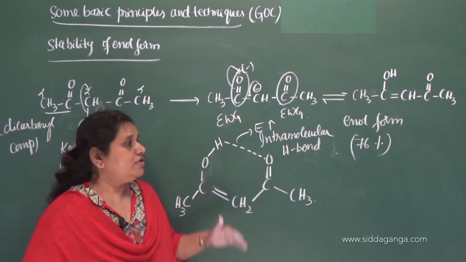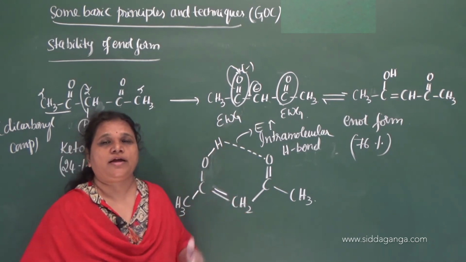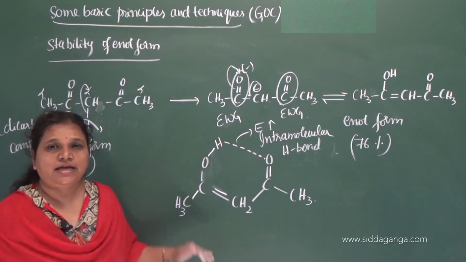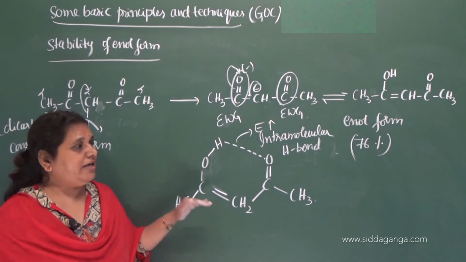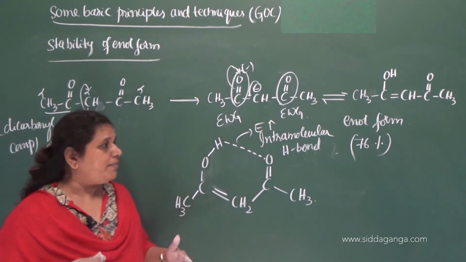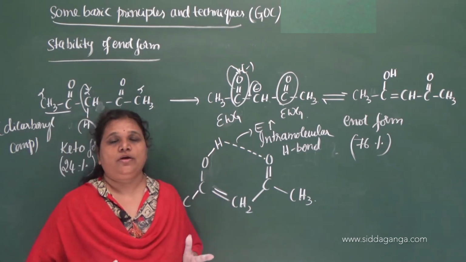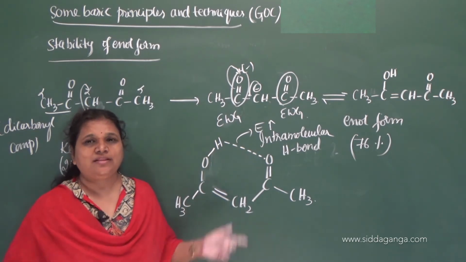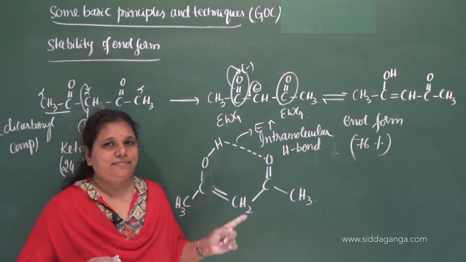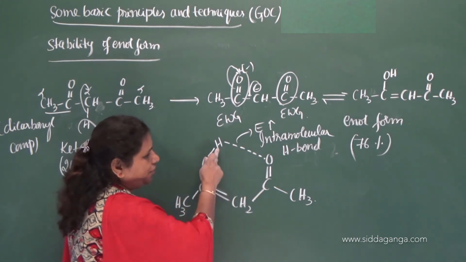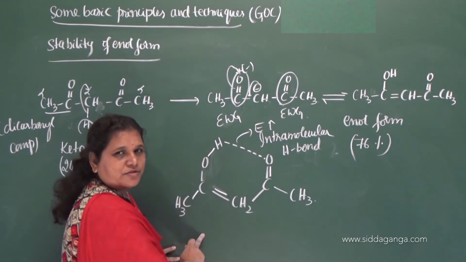Is that clear? So because of intramolecular hydrogen bonding in enol form, it stabilizes the enol form and increases the percentage to 76%. That is only because of intramolecular hydrogen bonding. The hydrogen bond takes place within the molecule. Further it stabilizes because here it forms a ring structure due to this intramolecular hydrogen bonding.